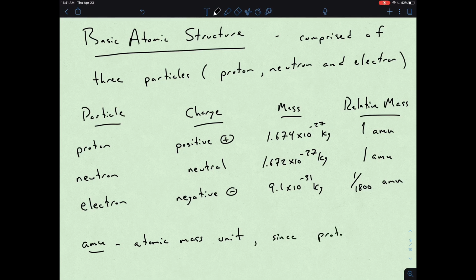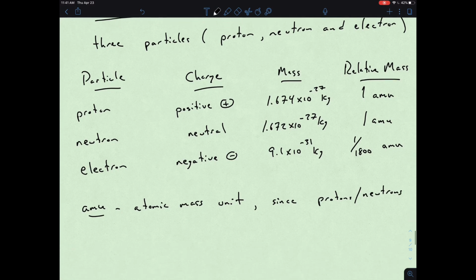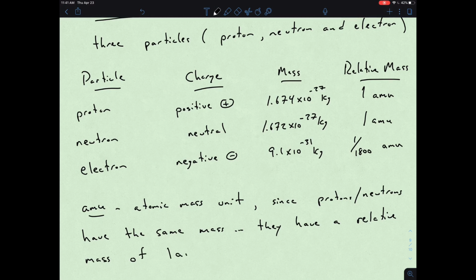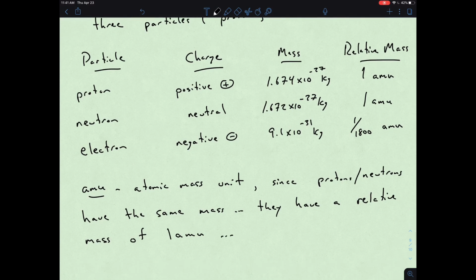Since protons and neutrons have the same mass, they have a relative mass of 1 AMU. This has implications.